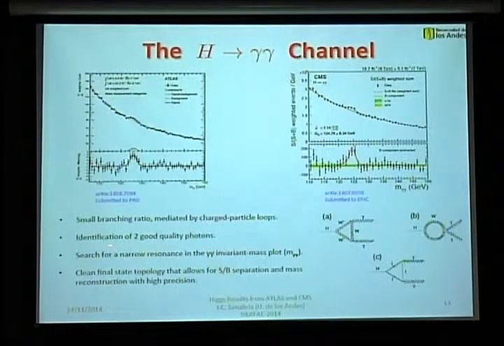However, with the identification of two good quality photons, and ATLAS and CMS were designed to maximize that quality, one can have a very good separation of signal from background in invariant mass plots for the pair of photons. We see here clearly these little bumps that, once you subtract the background, become very clear signals, accurate enough to give us detailed information about the state.